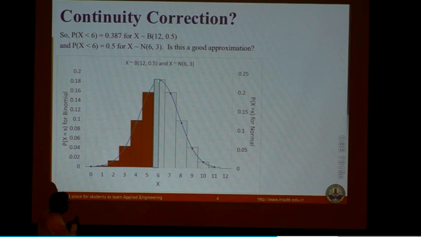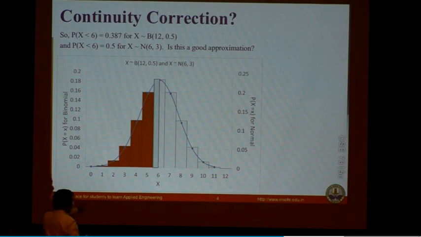So it adds this much part of the probability also to this whole thing. Binomial was adding only up to this much. Normal adds this part also. I have to correct for that.